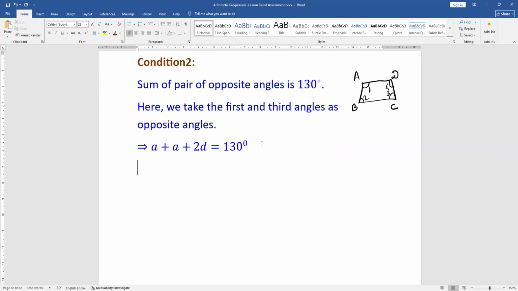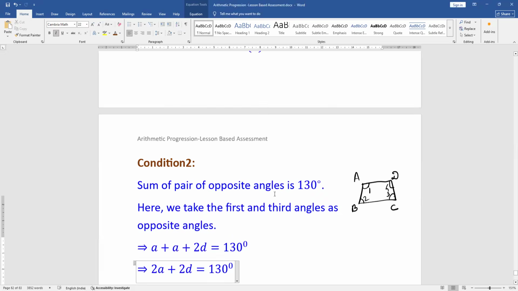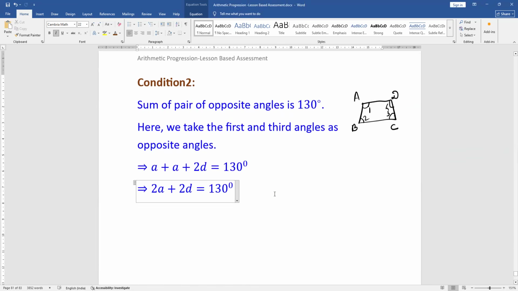Okay. Next step, what I do is, A plus A is how much? It is 2A. Correct. 2A plus 2D equals 130 degree. Then I'm going to divide throughout by 2 because all these numbers are divisible by 2. So just make sure that they are divided.